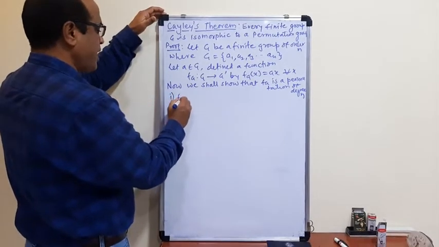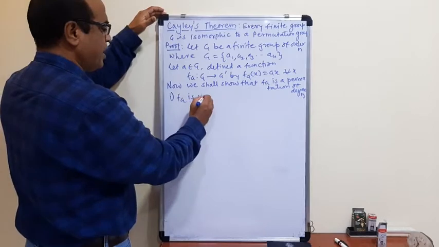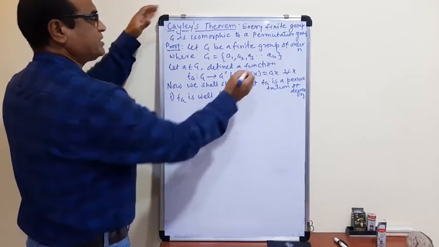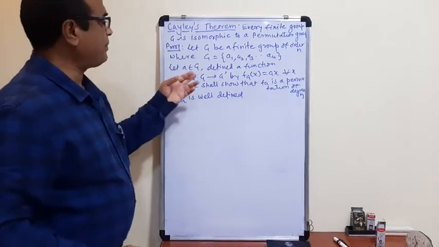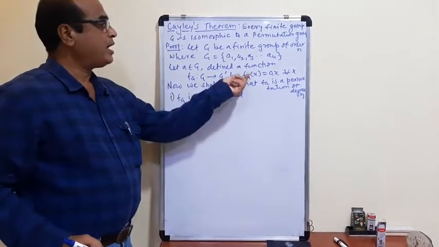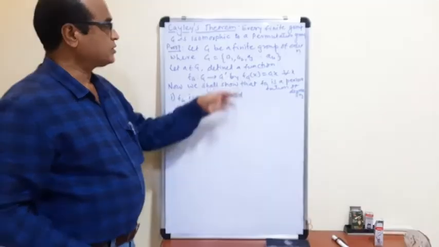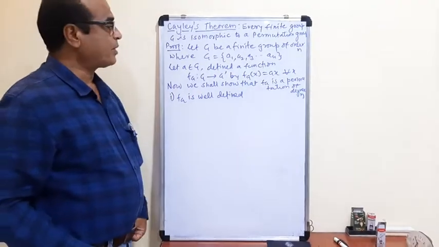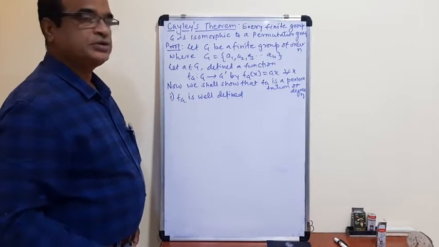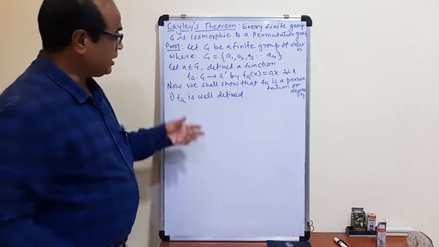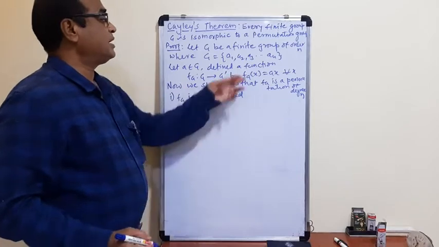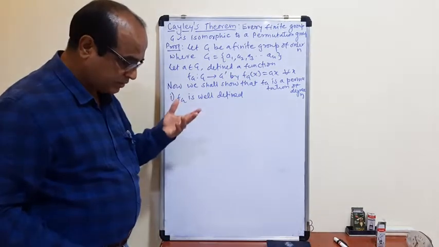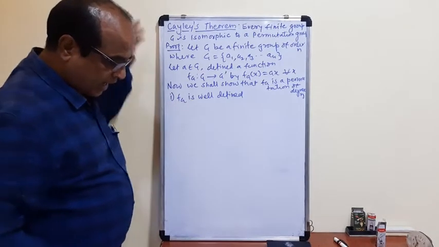The function is defined by f_a(x) is equal to ax. So we shall show that f_a is a permutation of degree n. We show that f_a is well defined, f_a is 1-1, and f_a is onto. So that is what we are proving here.